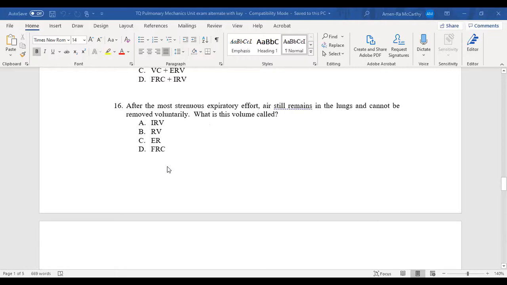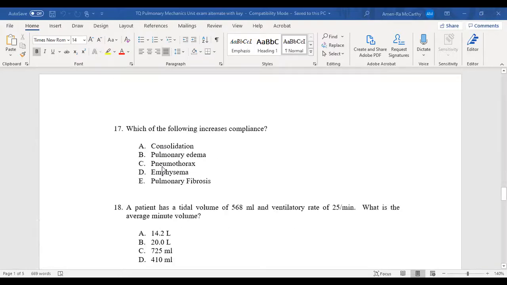All right. We already did this. This is too quick. After the most strenuous expiratory effort, gas that still remains in the lungs is called what? Good. Reserve volume. That's on there twice.